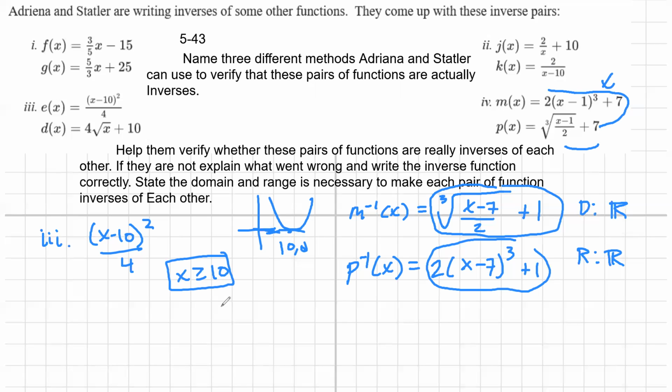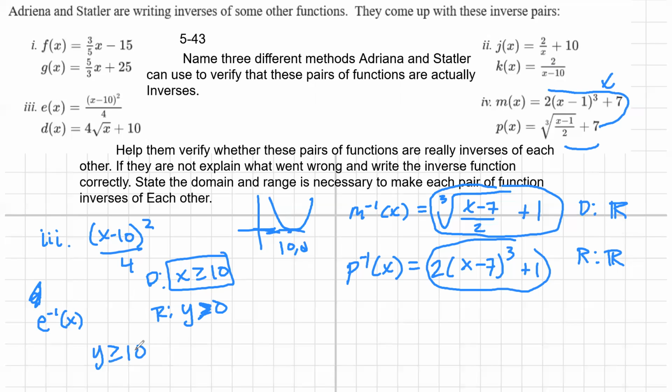That means for our range on the other one, no, the range for this one, the range is going to be y is greater than 0 for that range. So for the inverse one, e inverse of x, your y should be greater than or equal to 10, okay?